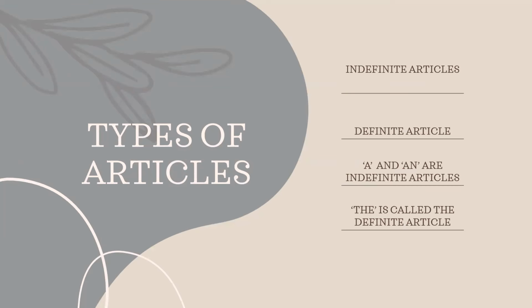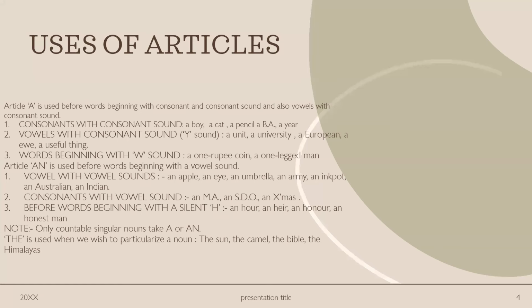How many types of articles are there? There are two types of articles. One, the definite article. Two, the indefinite article. A and an are indefinite articles. The is called a definite article.